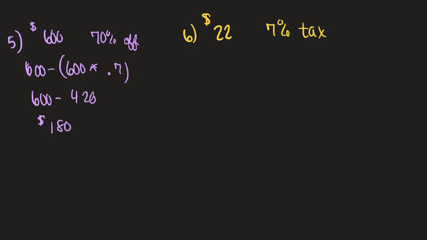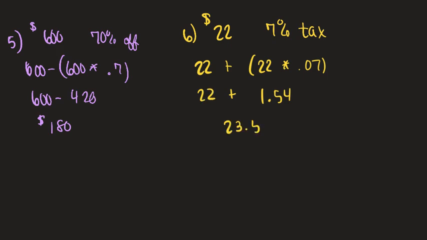So I'm going to take 22 plus 22 times 0.07. 22 times 0.07 is $1.54 in tax that we're adding to the $22. So I get $23.54.